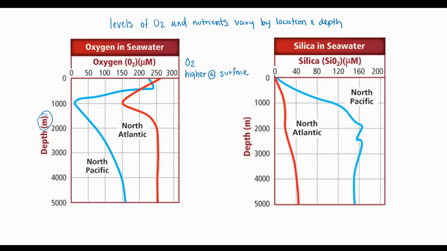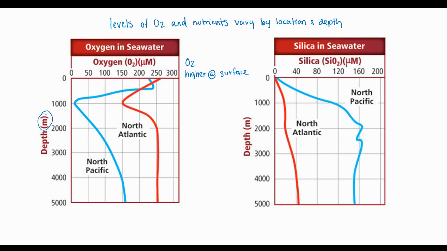Right here, we see that oxygen is at like 200, and then as we go down, oxygen decreases. You can also see this is the North Pacific and this is the North Atlantic, and the concentration of oxygen in these two parts of the ocean varies.